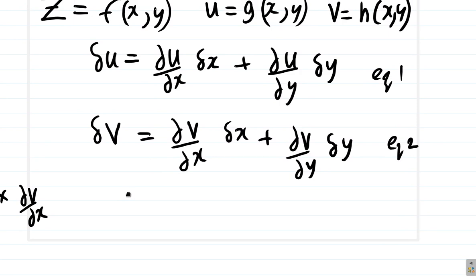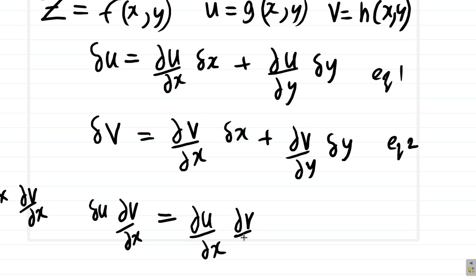Now, we multiply this by delta v, so we have delta u times delta v by delta x is equal to, now this times delta v by delta x, so we have delta u by delta x, which we have up here, and delta v by delta x multiplied by a small change in x.